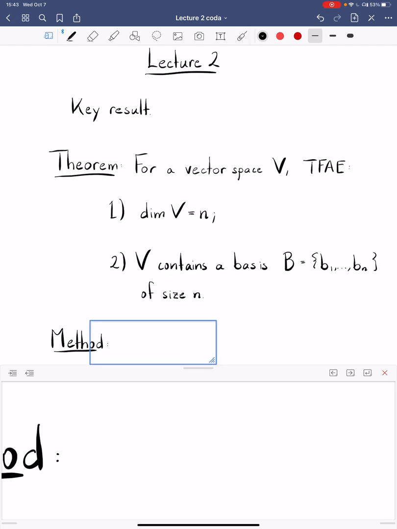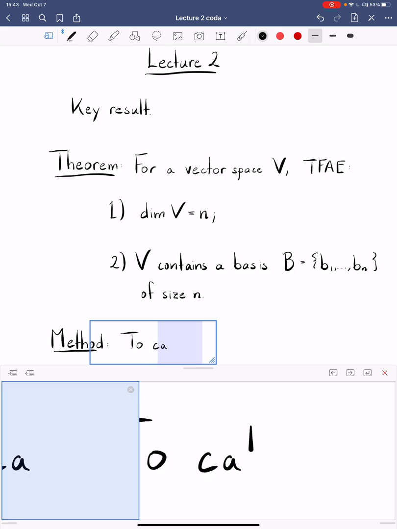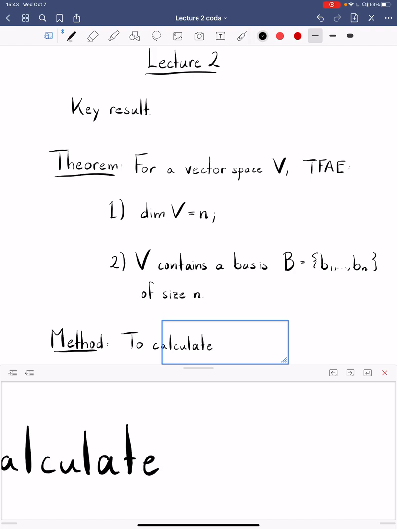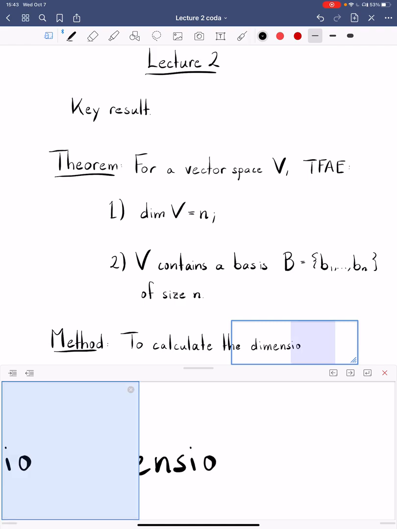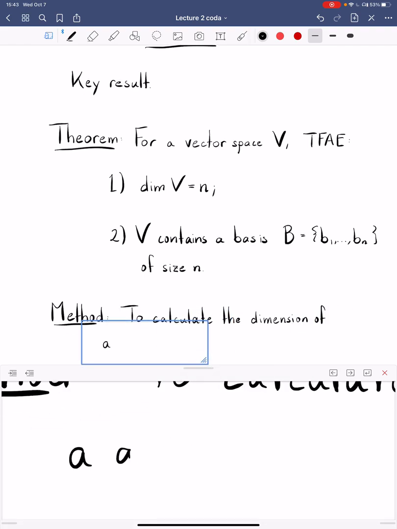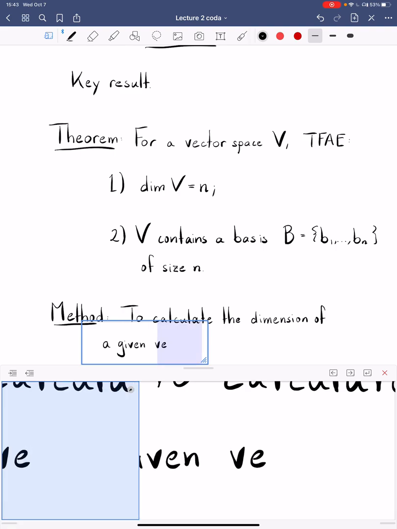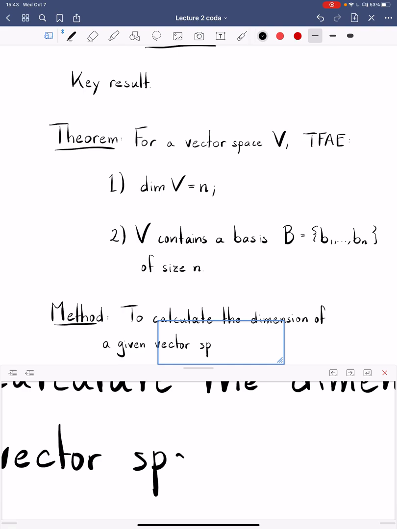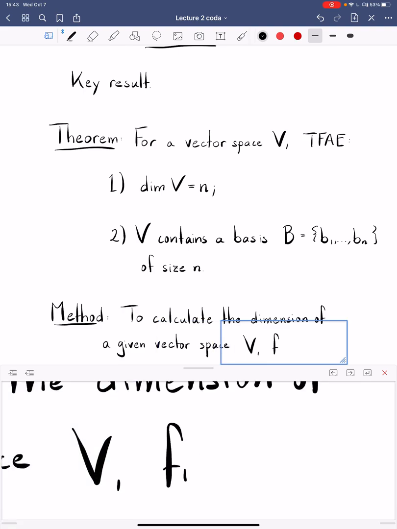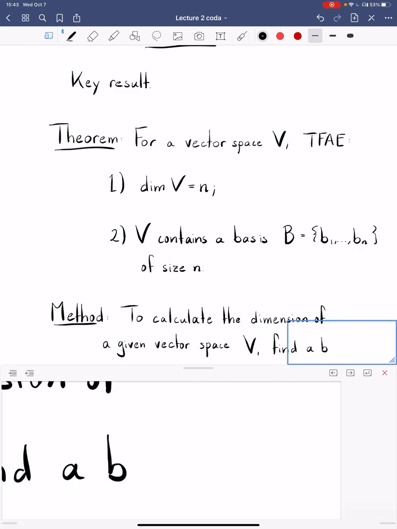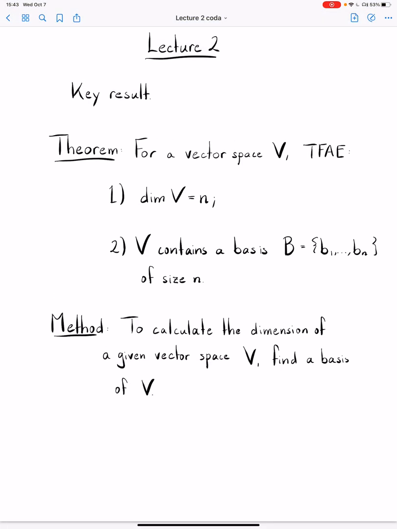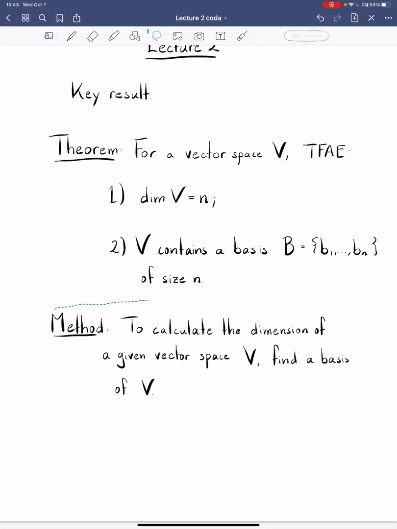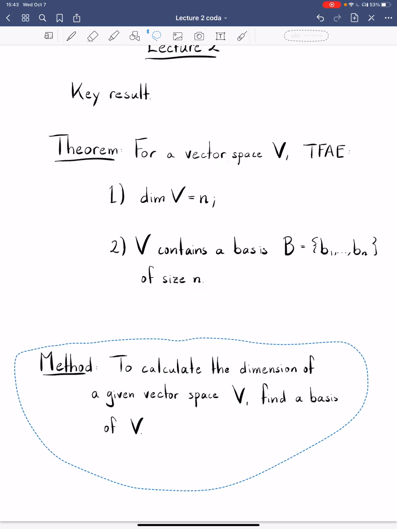So the method could be summarized as follows. To calculate the dimension of a given vector space V, find a basis of V. If you're handed some vector space and you want to figure out its dimension, one possible way to proceed is to try to find a basis in that vector space.